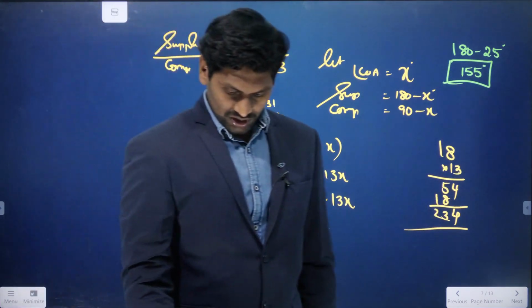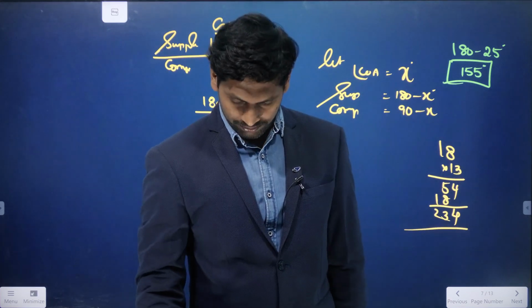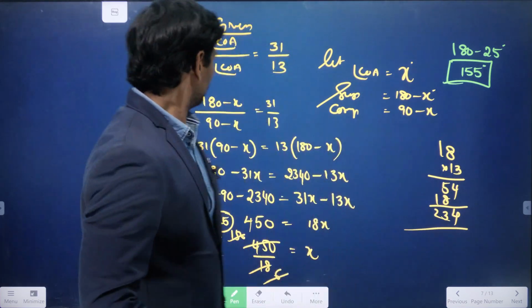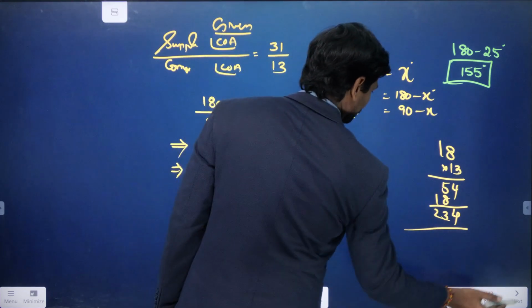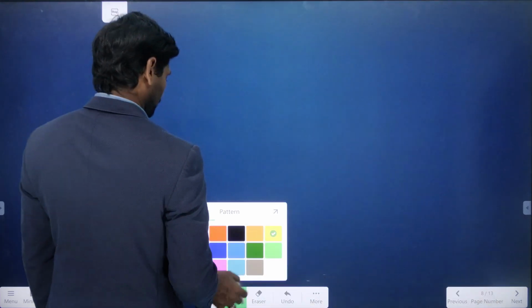Okay? So let us go to the next problem. Yeah. So now question number 21. In the figure, L, M, N are parallel lines. Sorry, I said perpendicular, L, M, N are parallel lines. So let me draw the diagram first.